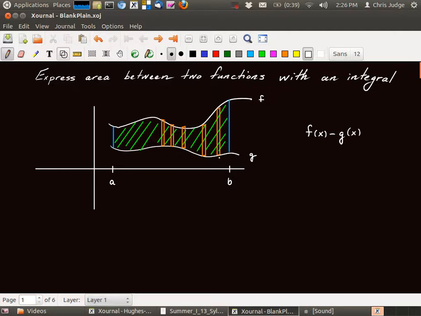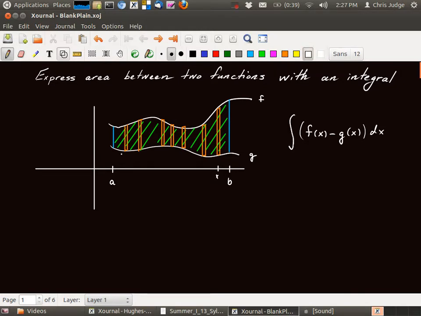So the area of a rectangle, say this particular rectangle, is going to be this height, f of x minus g of x, times dx. And then we have to sum that over all the different rectangles. So by summing, we take the integral.